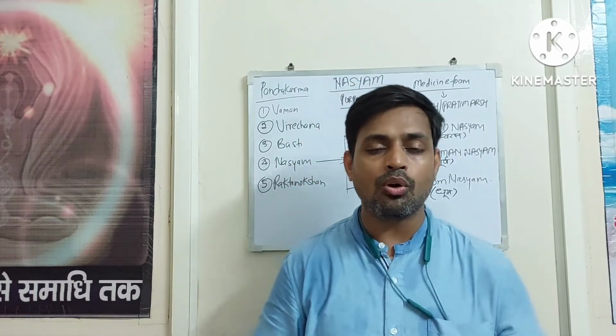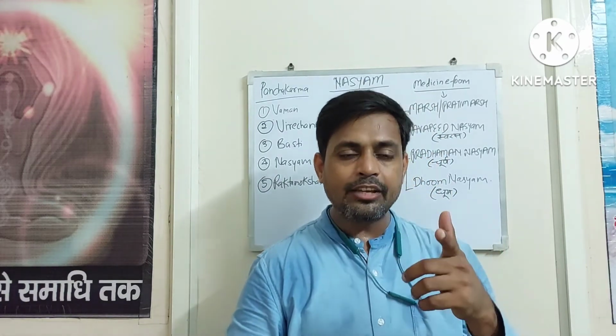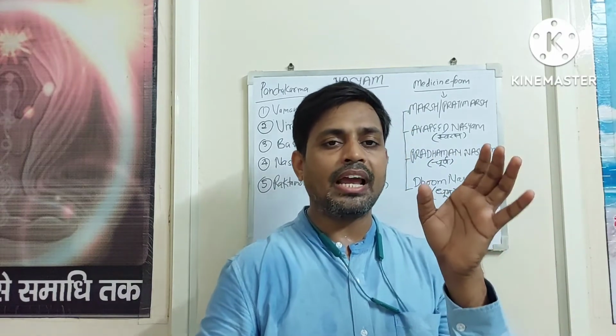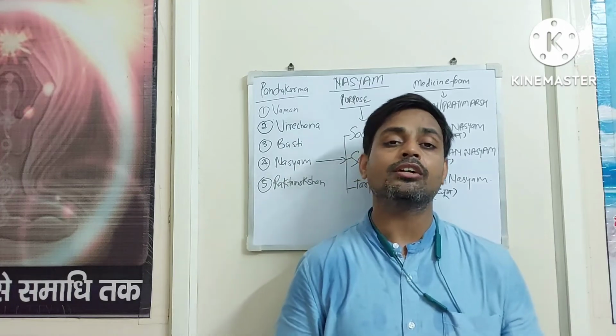Durva Suras is always helpful in bleeding disorders. The bleeding may be from the nose or any part of the body. It enhances the coagulant action and helps in Rakta Srava Rodha, stopping excessive bleeding.